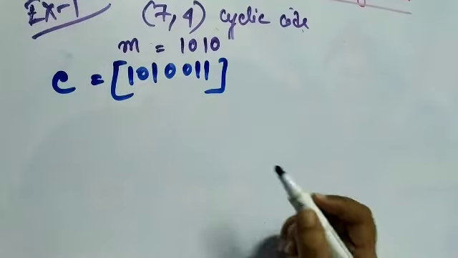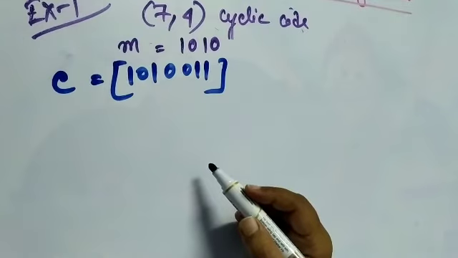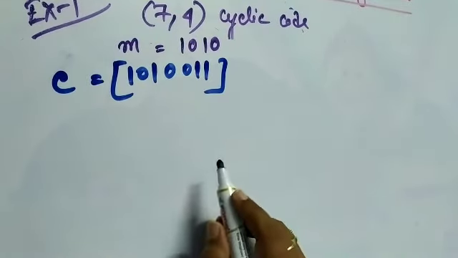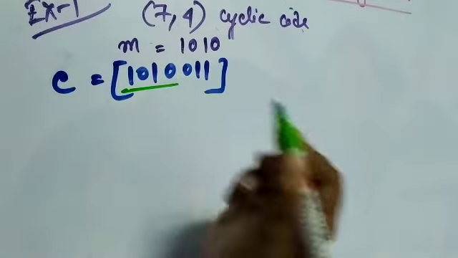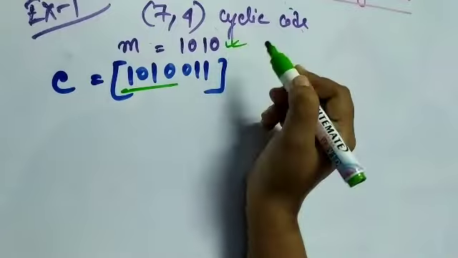So we have to find out whether it is systematic or not. For checking that, we check the first 4 bits, because we know in the systematic format the first 4 bits of a code word represent the information bits. This is your first 4 bits. It is 1010. So it is our message bit here.